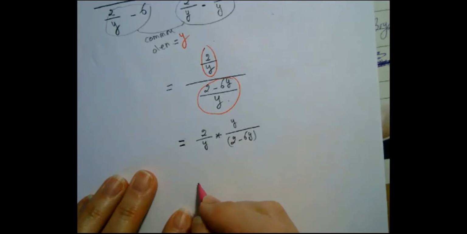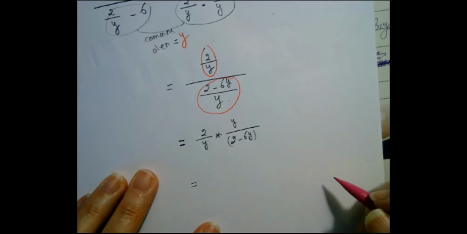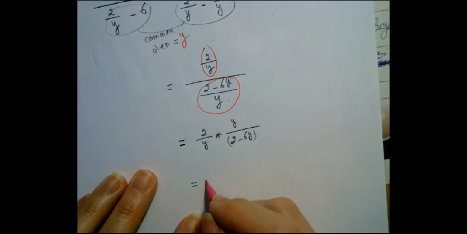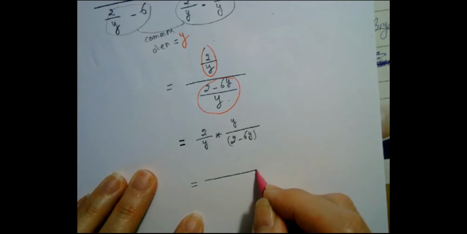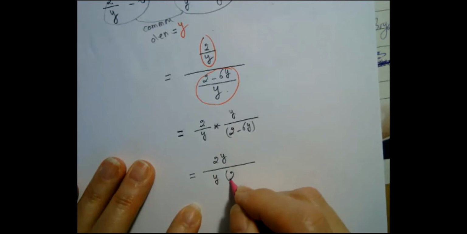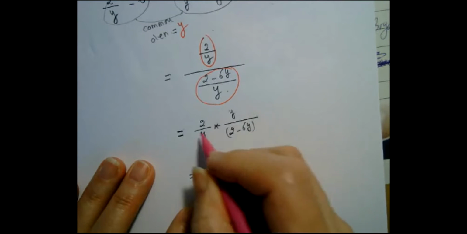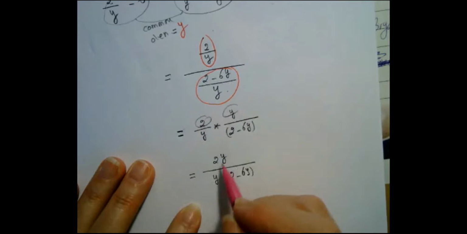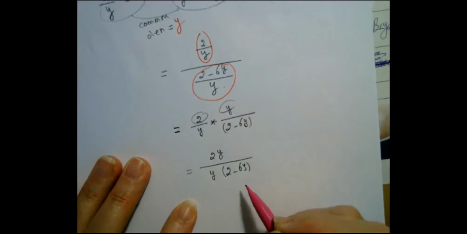Now I'm going to take you one more step. Can we make this better? So basically it's 2y over y times that, because multiplying two fractions, you multiply the numerator over the denominator.